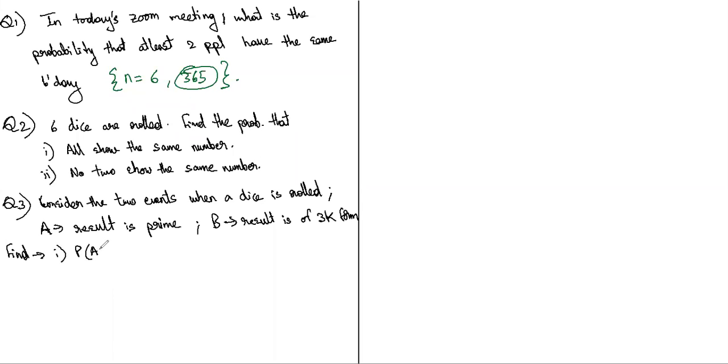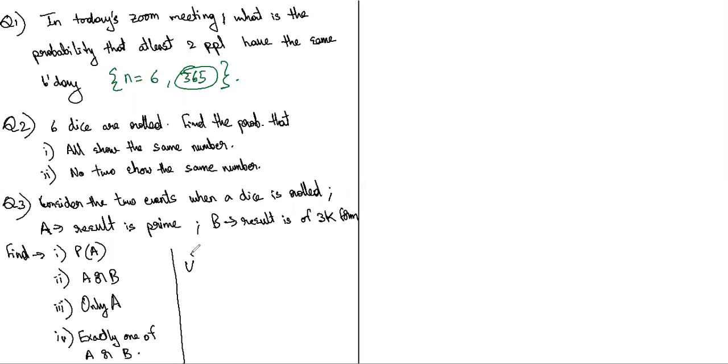Find the probability of A. Find the probability of A or B. Find the probability that only A. Find the probability that exactly one of A or B, meaning either A should happen or B should happen.